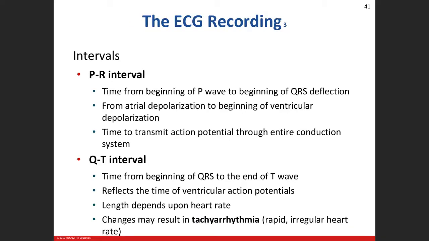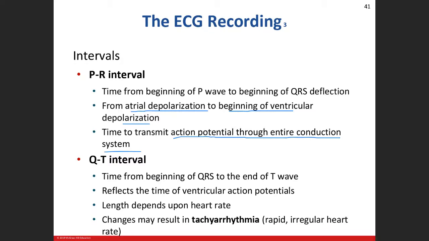So what can we infer from here? Basically, the information that we get from the PR interval is how much time it takes for an action potential to travel through the entire conduction system.